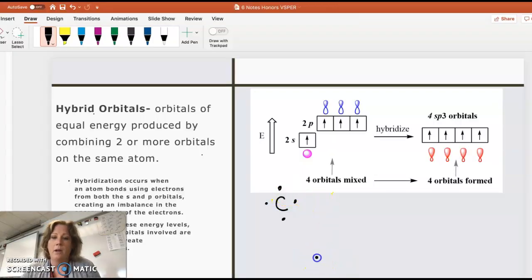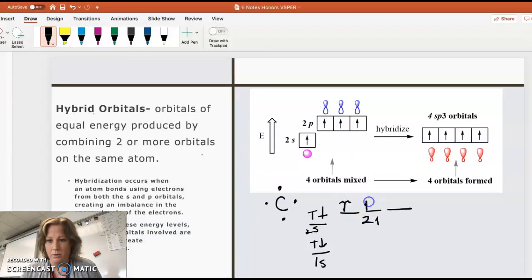So carbon has an electron configuration of 1s2, 2s2, and then 2p2. When we bond, it's usually the unpaired electrons that pair up.